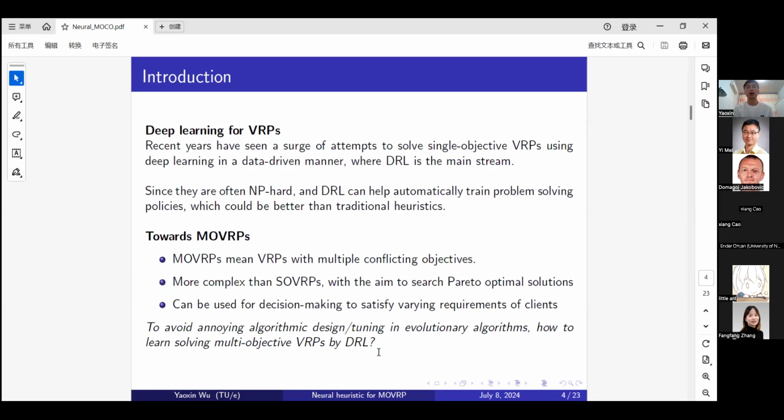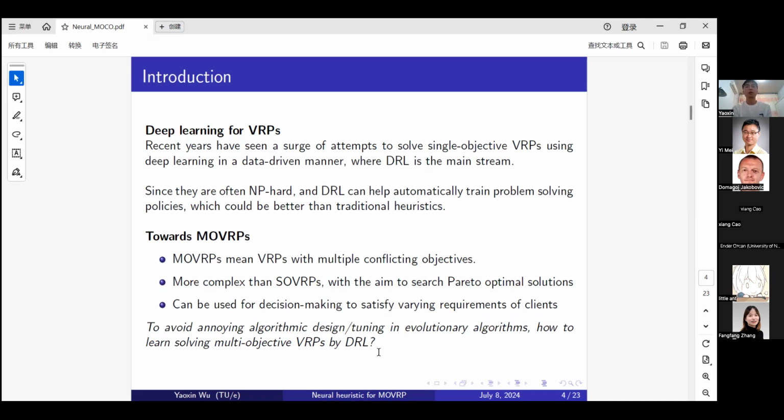Based on a lot of data, the neural network can learn a promising policy in an acceptable time, and it would also save you a lot of effort.